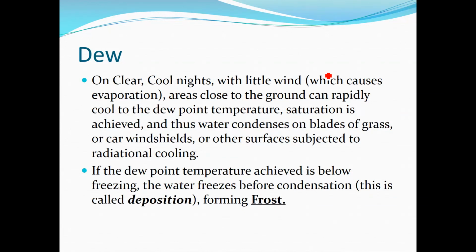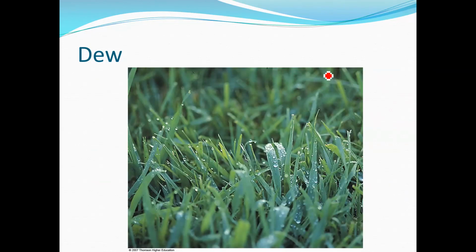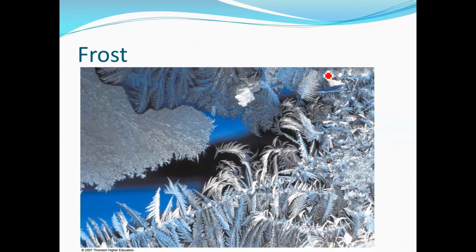Now, there are some times where the dew point can be below freezing, and the temperature that the air is can be below freezing. This leads to what's called frost. Here's how dew looks, and here's how frost looks.